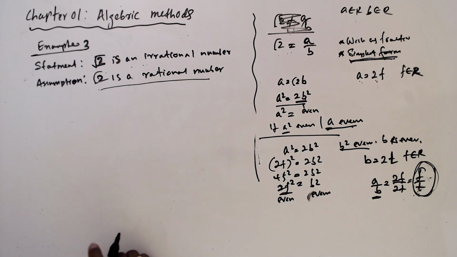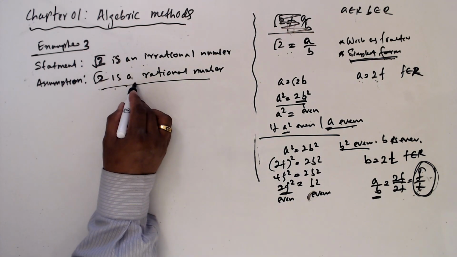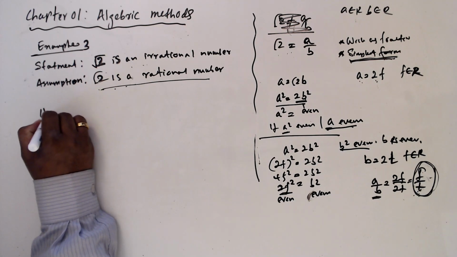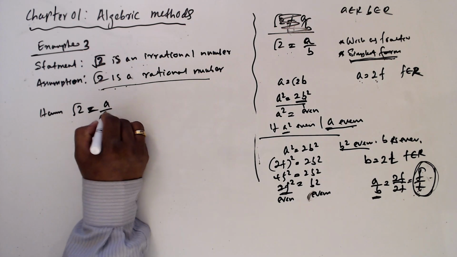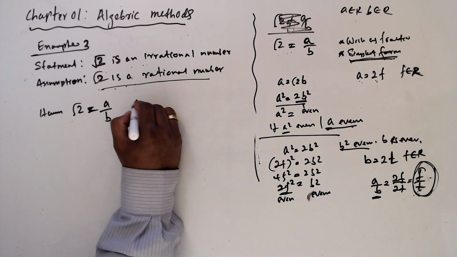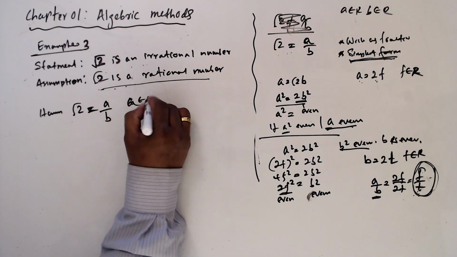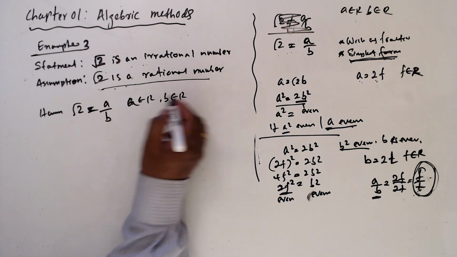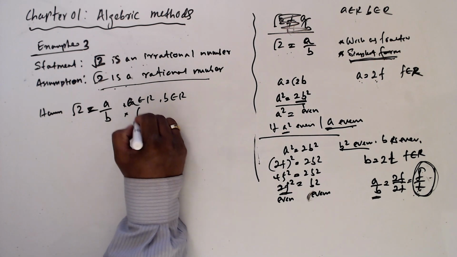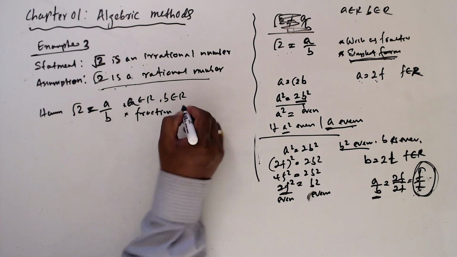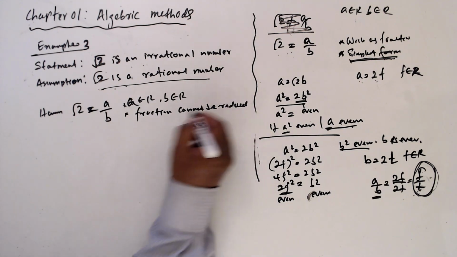So we have to write this argument now. Suppose square root 2 is a rational number. Hence we can write square root 2 as a fraction a over b, where a is an element of R and b is an element of R, real numbers, and the fraction cannot be reduced further.